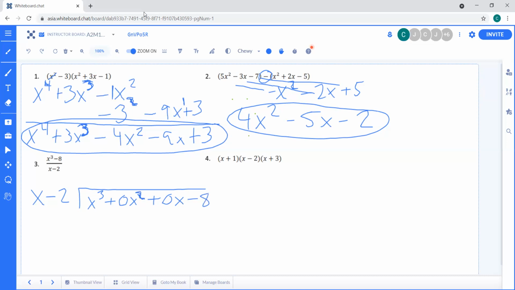Okay. So how do I get x to become x cubed? Well, I know I'm going to have x squared. So that becomes x cubed, and this becomes negative 2x squared.